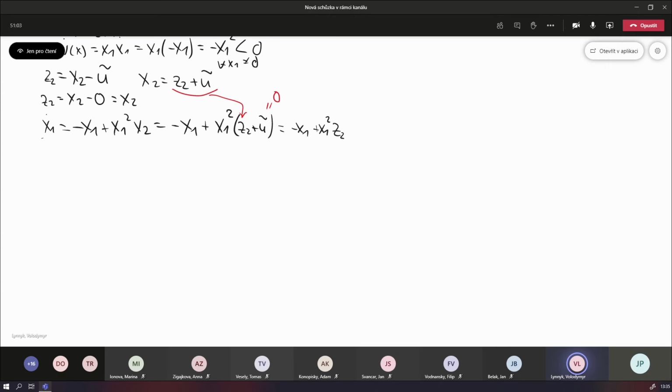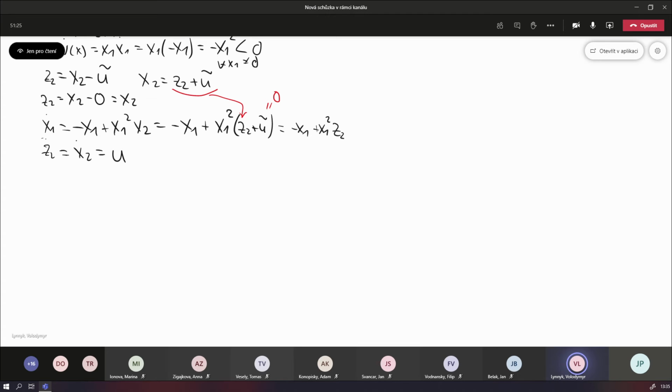Okay, and the next row, z2 dot equal to x2 dot, and equal to u.